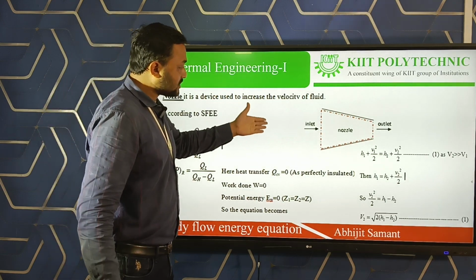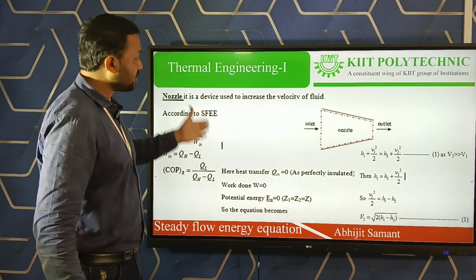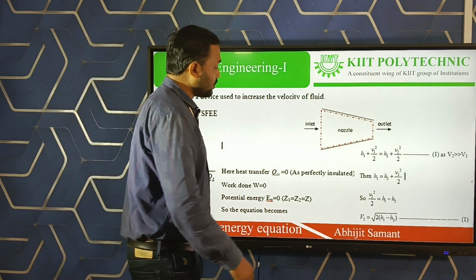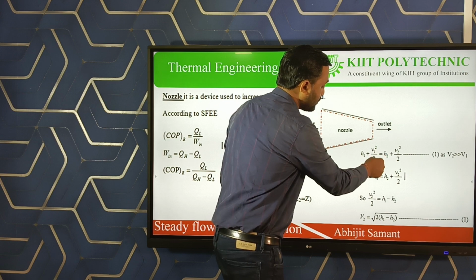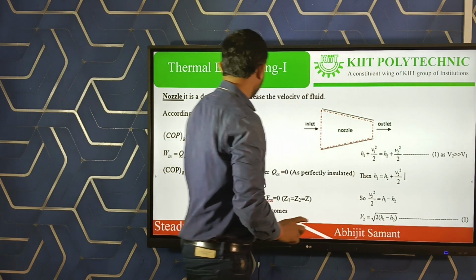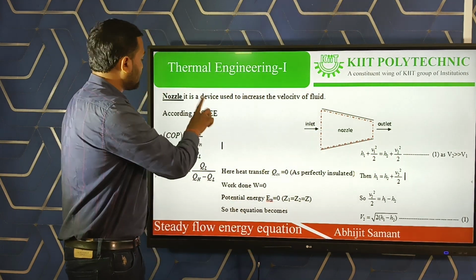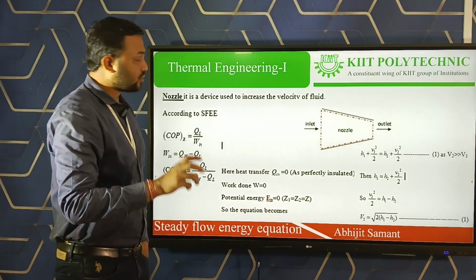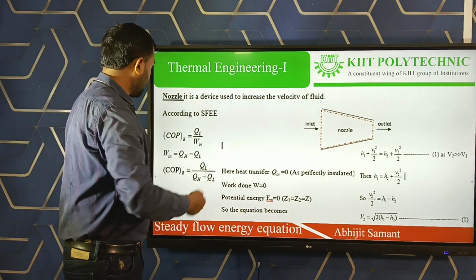In case of a nozzle, if you put in the steady flow energy equation, it becomes h1 plus v1 square by 2 is equal to h2 plus v2 square by 2. We know that a nozzle is utilized to increase the velocity of a fluid.